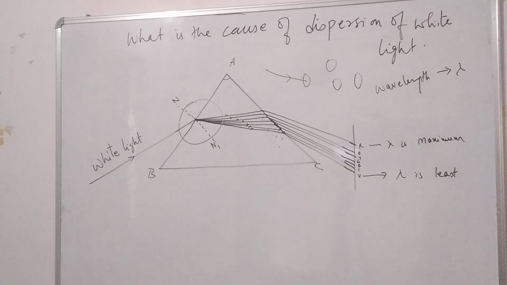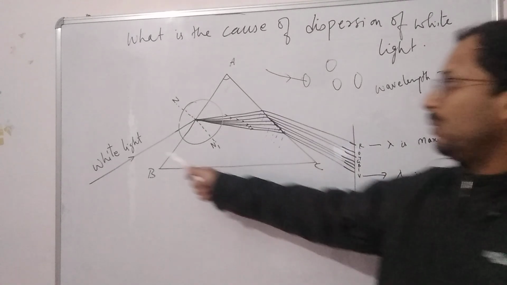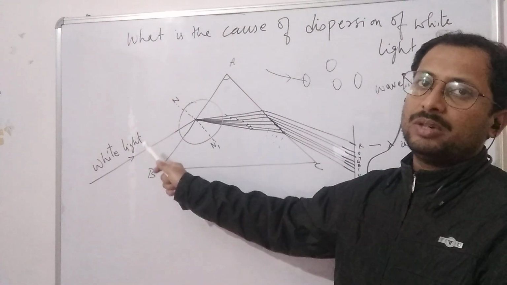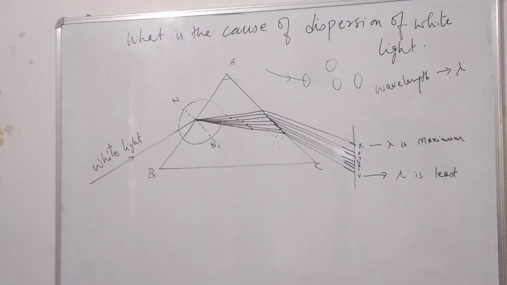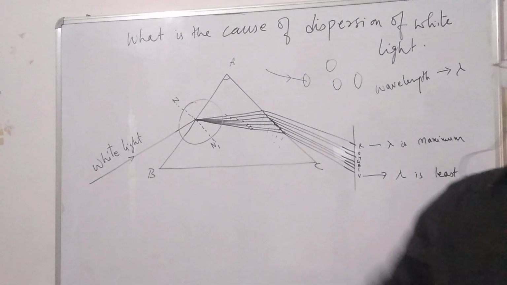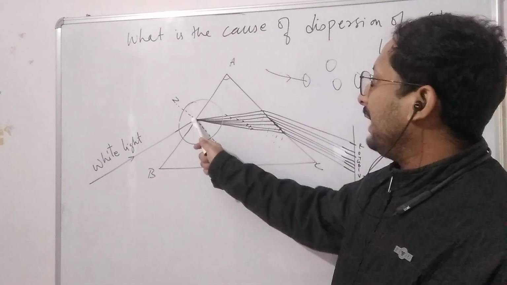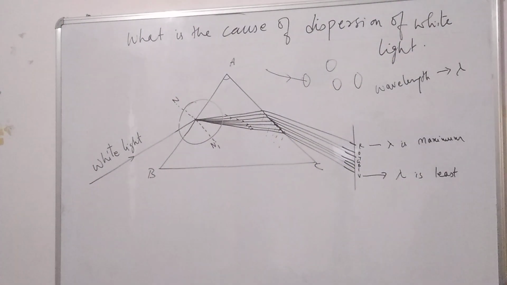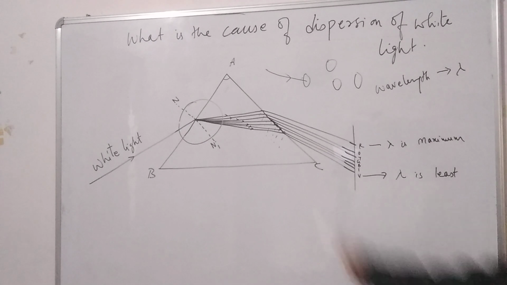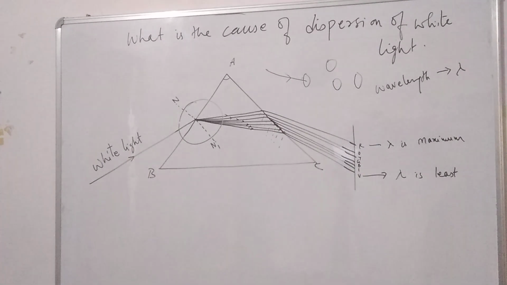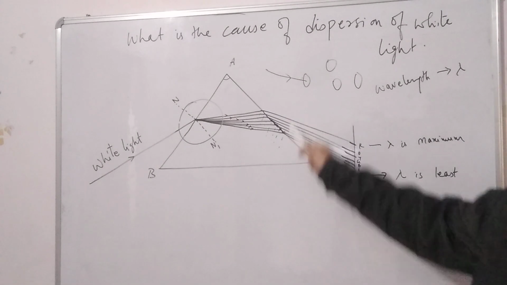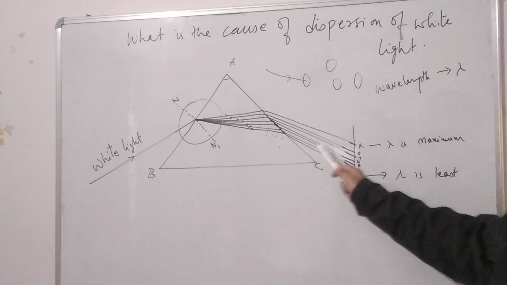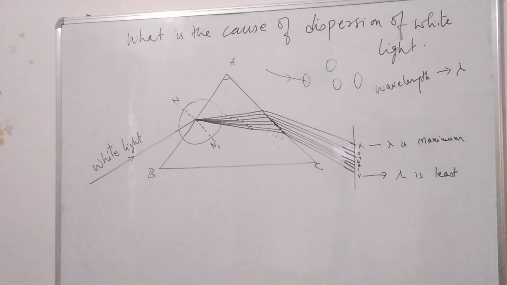So we have understood that this white light is actually polychromatic light, which is made up of different constituent colors. When it strikes the reflecting surface of the prism, the white light gets split into 7 prominent colors, and after that when it passes from denser to rarer medium, all the rays of light, that is the color rays, bend towards the base.